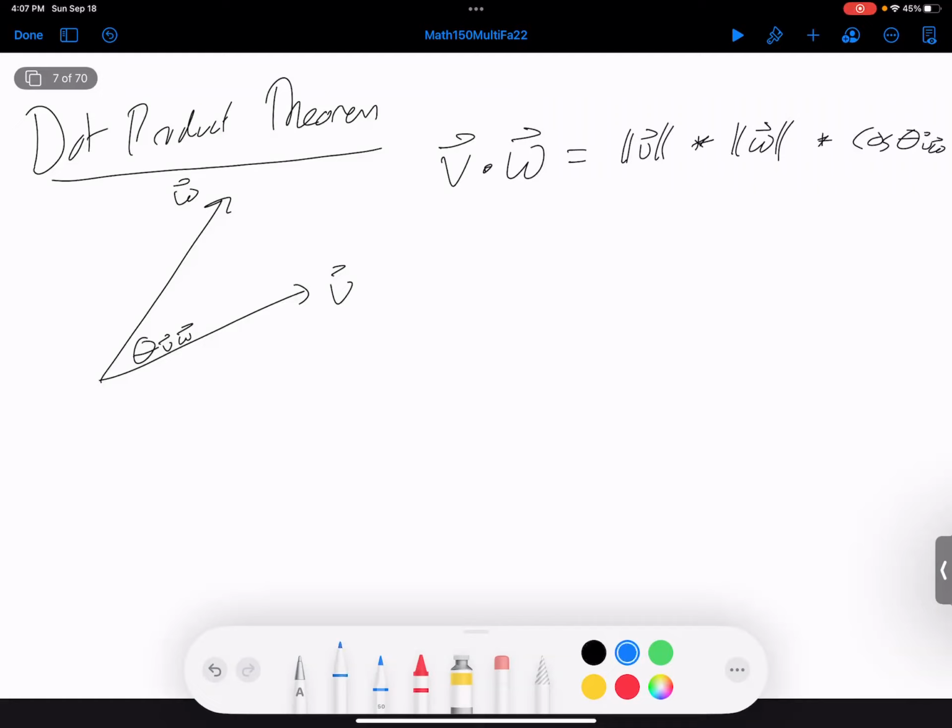If I double v to 2v, what happens to the left-hand side? If I make every component of v twice as big, the left-hand side is doubled. What happens to the right-hand side? Does the angle change? No. Does the length of w change? No. If I double v, what happens to the length of v? Doubles. Right-hand side doubles.